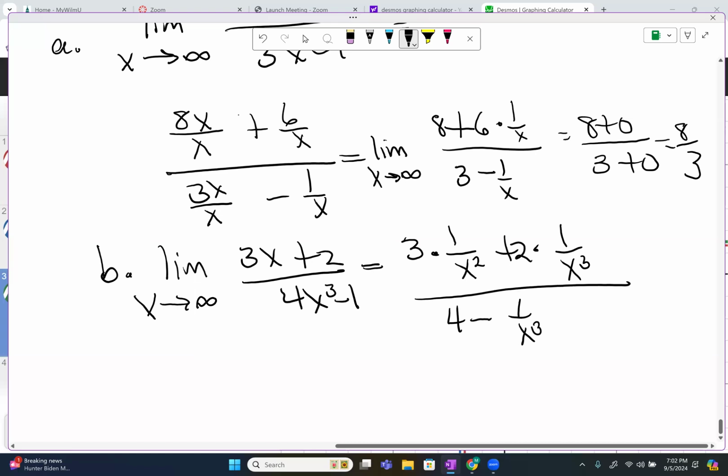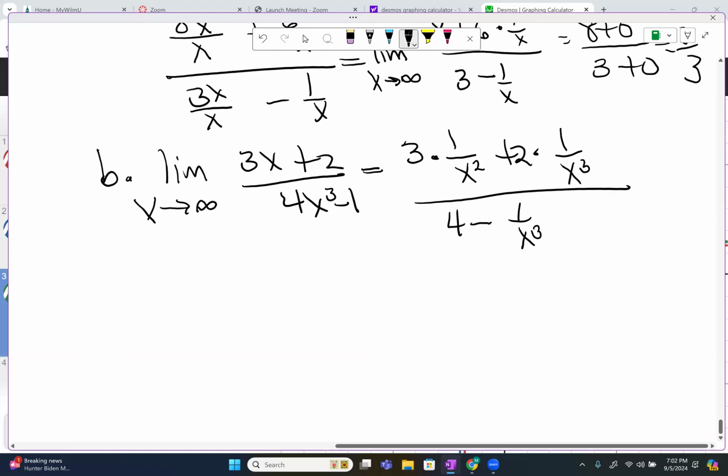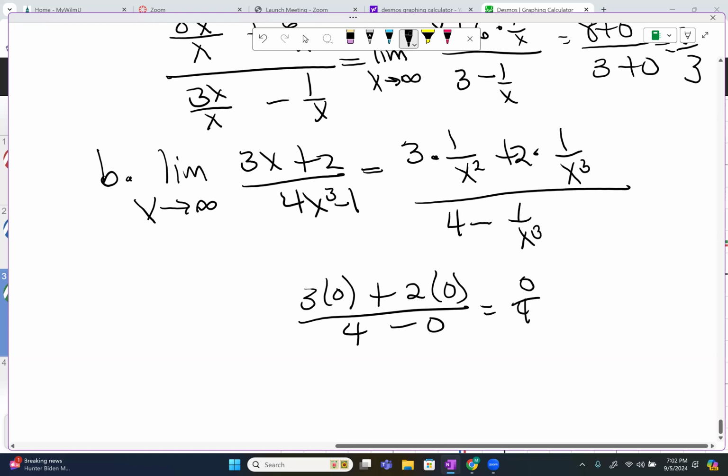So this reduces to 3 times 0 plus 2 times 0, and this is over 4 minus 0, which leaves you with 0 over 4, which is equal to 0.